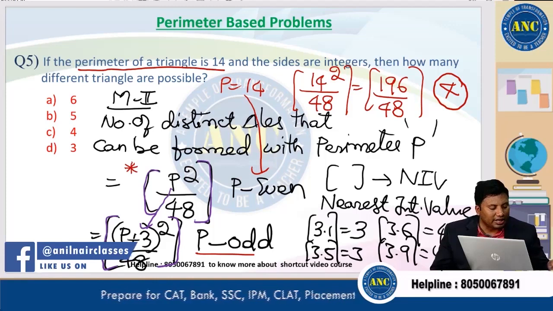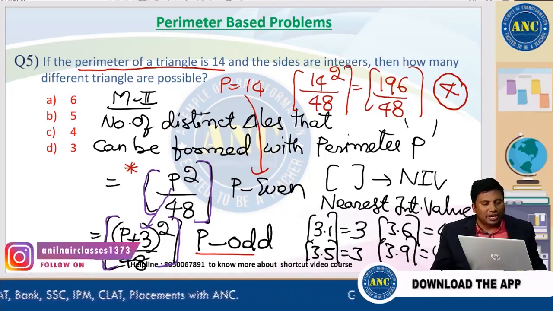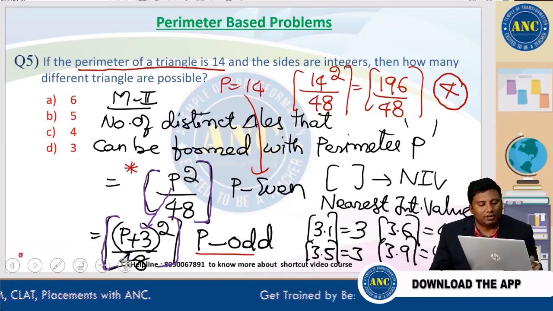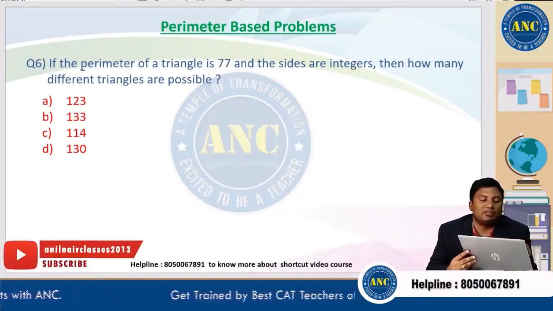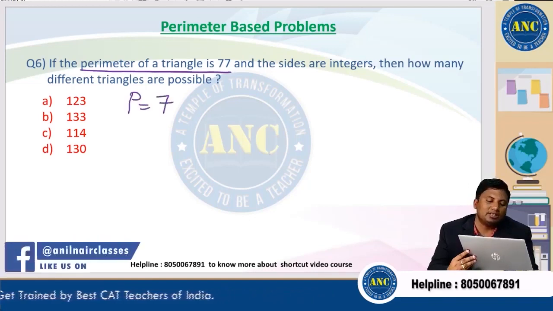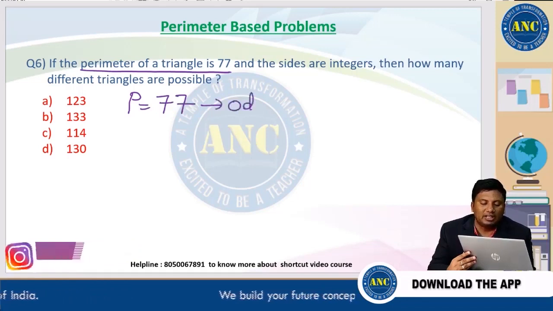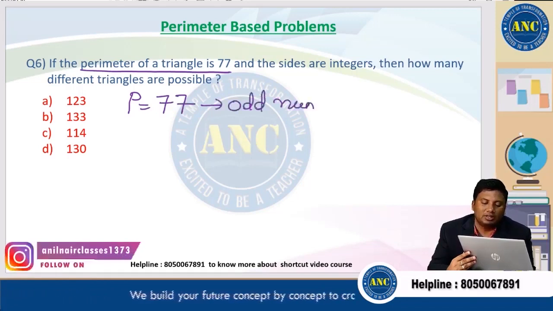Next one. Second question. Question number 6. If the perimeter of a triangle is 77, perimeter is given as 77. What is 77? 77 is an odd number.